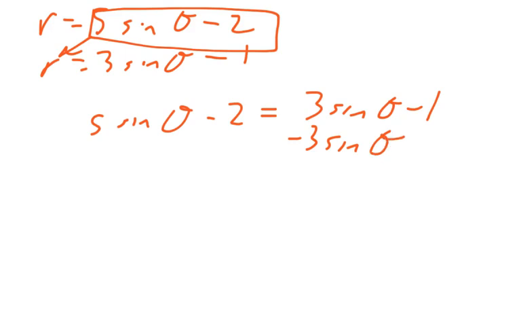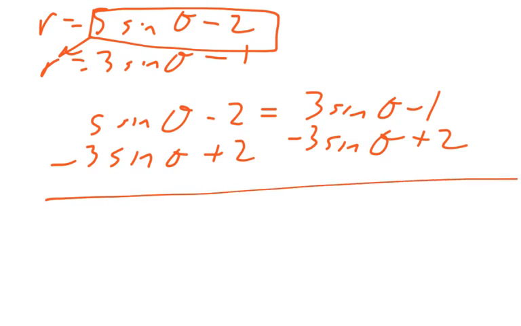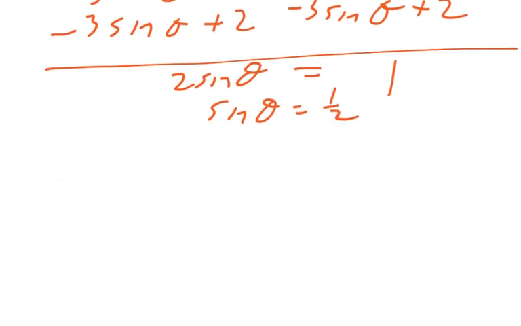Subtract 3 sine theta and add 2, and we get 1 equals 2 sine theta. So the sine theta is equal to 1/2. Now we're in the right direction.